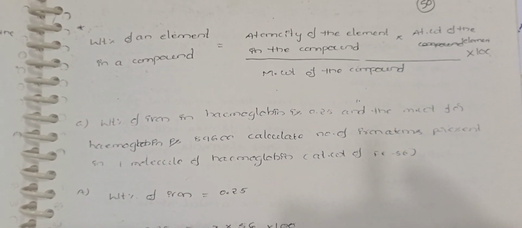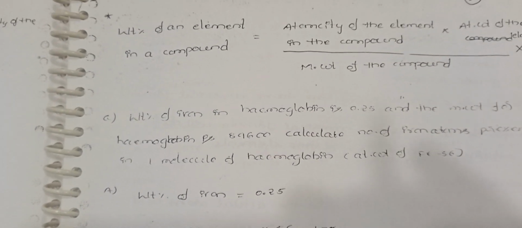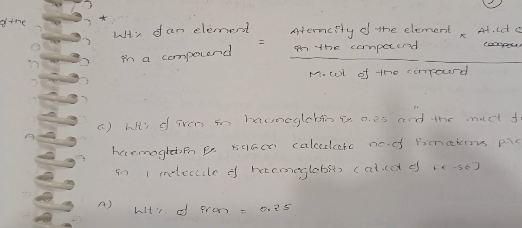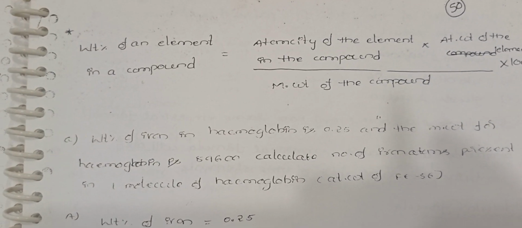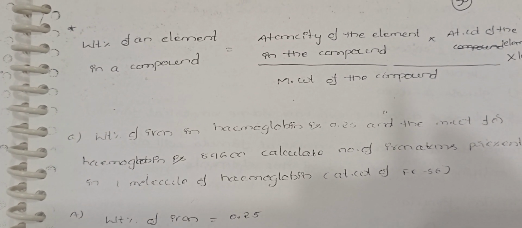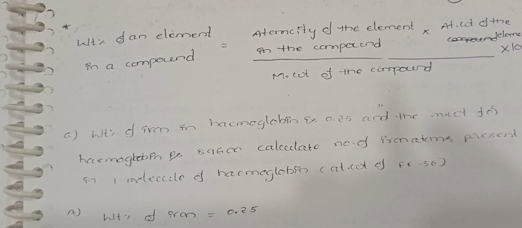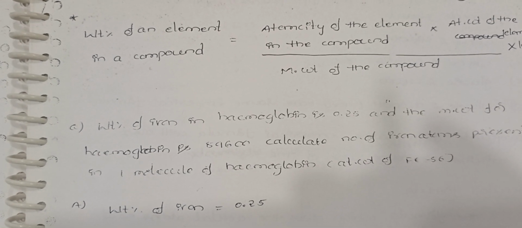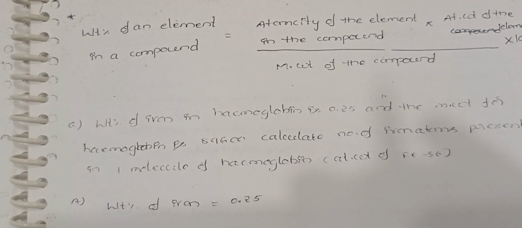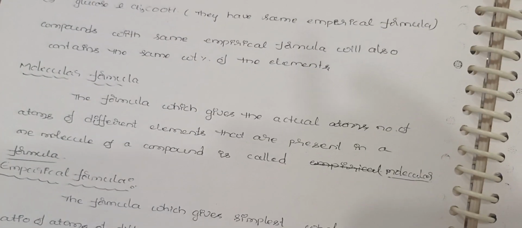In the same way, the percentage weight of an element in a compound can be calculated by the formula: atomicity of the element into atomic weight of the element into 100, divided by molecular weight of the compound, will give the weight percentage of the element in a compound. Like this we are going to solve.